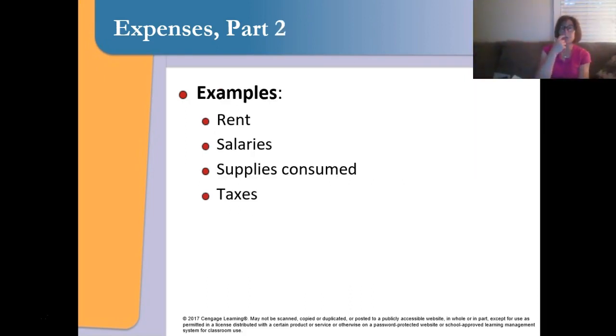An example would be rent, salaries, supplies consumed, taxes, utility bills, our electric bill, or if I have to have something repaired, that's going to be an expense. Expenses are pretty basic concepts, and I don't want to spend too much time coming up with examples because I think expenses are kind of self-explanatory.